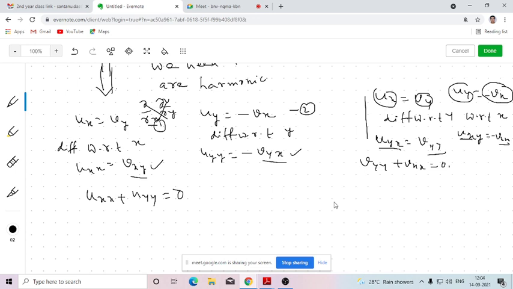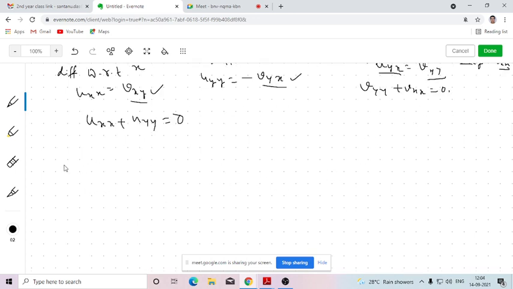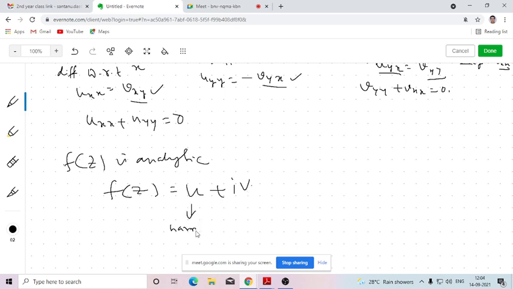Yes, sir. Now, if the function f(z) is analytic, then the real part and imaginary part will both be harmonic. So if the function f(z) is analytic, then both u and v are harmonic, which we have already studied.